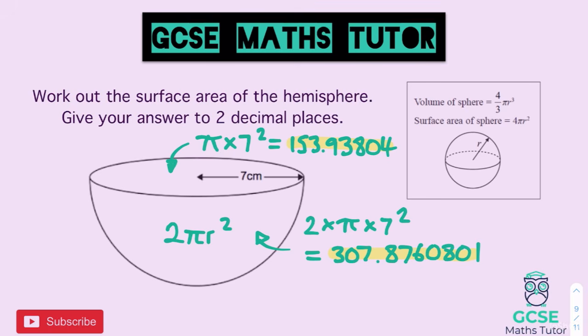So again, let's just write that down. We've got 153.93804, and we're going to add that to the 307.8760801. And if we add those both together, and again I've already got the 307, so adding 153.93804.